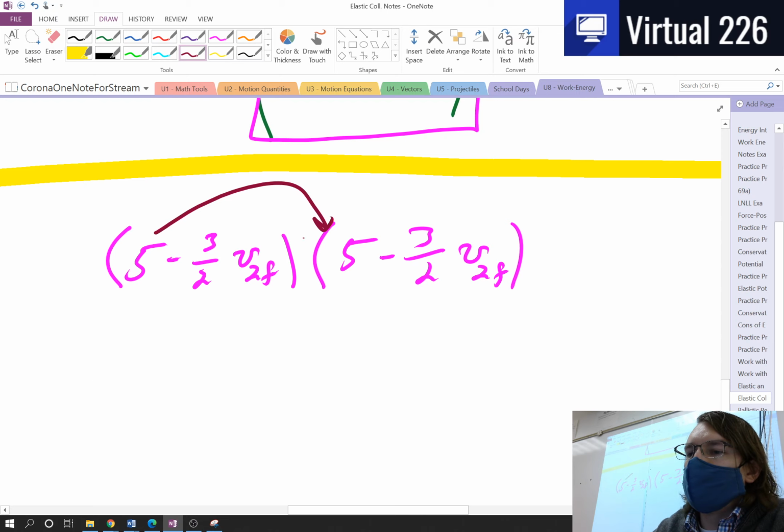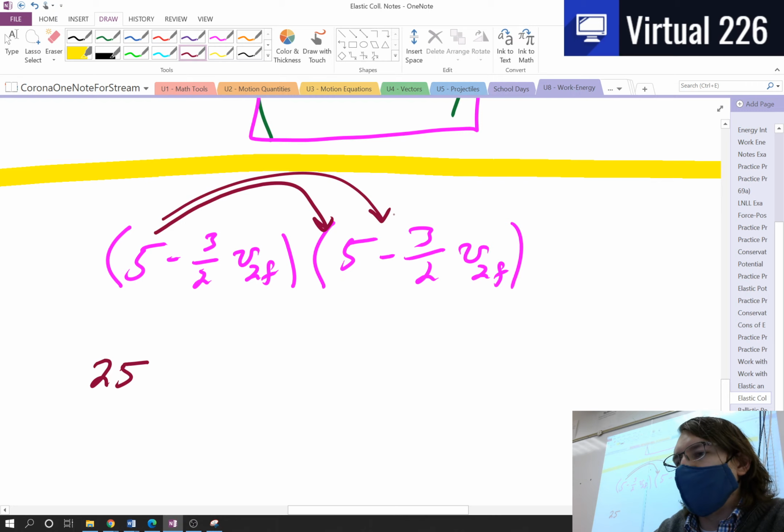So we'll do 5 times 5 to get 25. When we do 5 times the negative 3 halves, we're going to get negative 15 halves, but then we're going to do that again for these inners here. So negative 15 halves and negative 15 halves put together is just going to be negative 15.